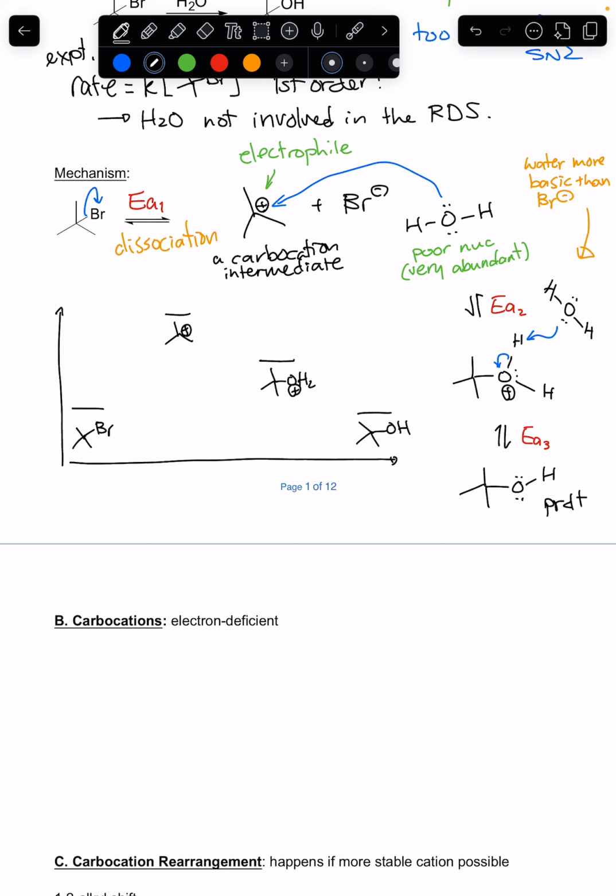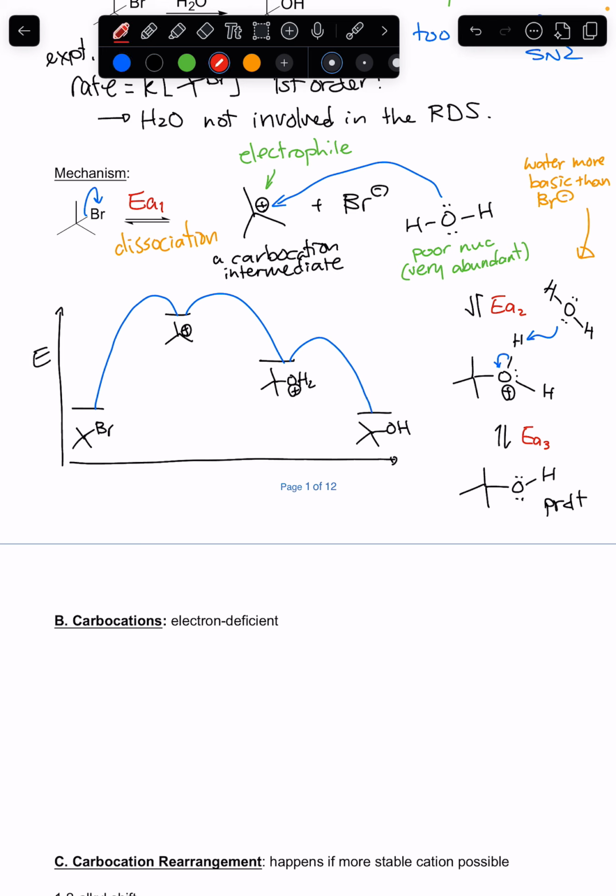I guess you get to see my screen habit. To go from here to here, the species must have had to go through a reaction pathway like this. Remember, this is energy. And then from here to here, something like that, and then something like that. Okay, what does that tell us?